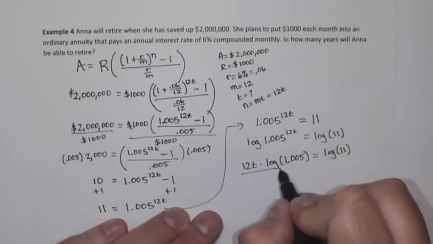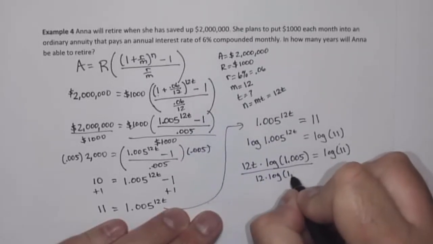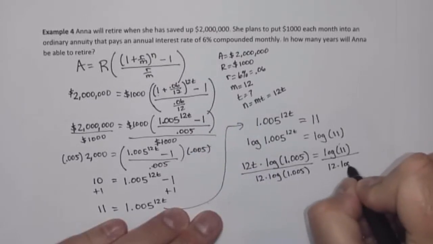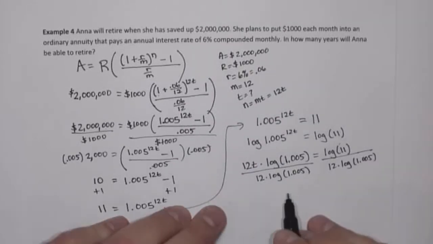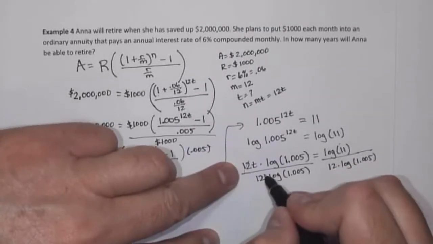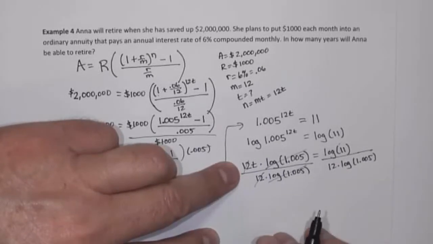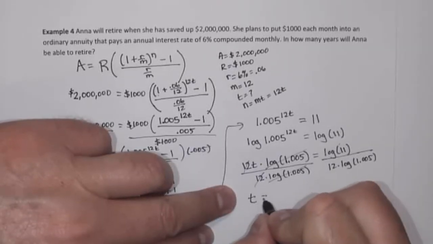So if I divide both sides by 12 times the log of 1.005, on the left-hand side, dividing both sides by 12 gets rid of the 12. Dividing both sides by that weird number, log of 1.005, leaves me with just t.